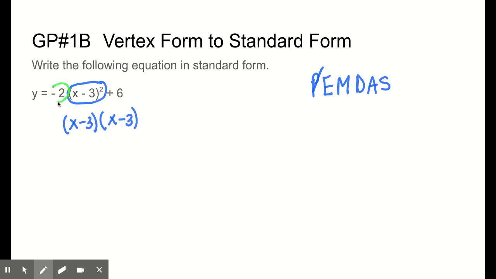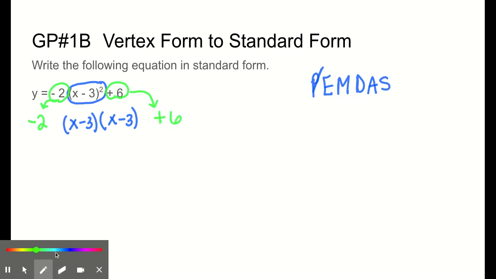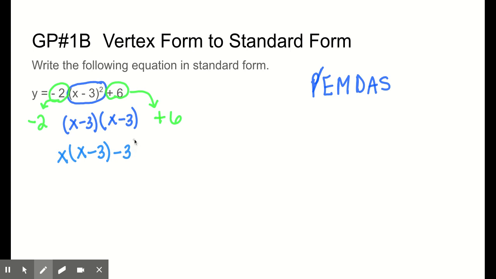Now we don't want to forget to bring these other 2 numbers with us. Even though we can't use them just yet, we do have to use them when we get to a certain point. So I'm going to go ahead and double distribute x minus 3 times x minus 3. So we have x times x minus 3, minus 3 times x minus 3.